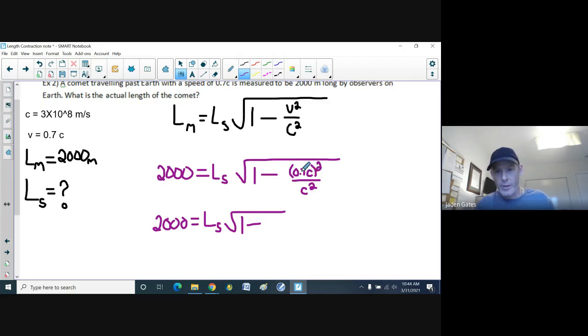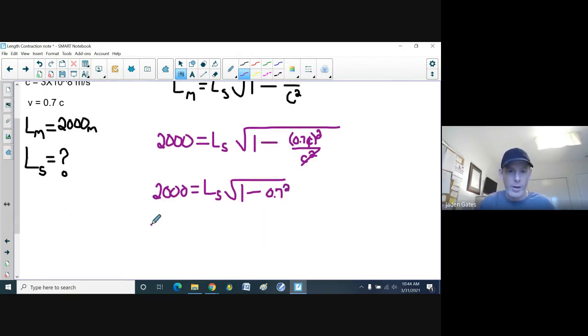Up top, I have to square the 0.7 and square the c. When I square the c, I have a c squared on the top and a c squared on the bottom, so they divide each other out.